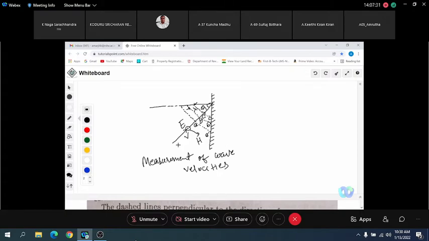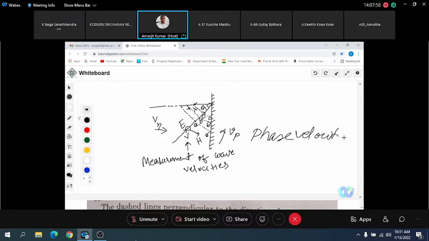One will be parallel to the bounding surface, this is Vp, and one will be normal to this bounding surface, this is Vn. So Vn and Vp, perpendicular and parallel. So measurement of wave velocity, this parallel one is known as the phase velocity.